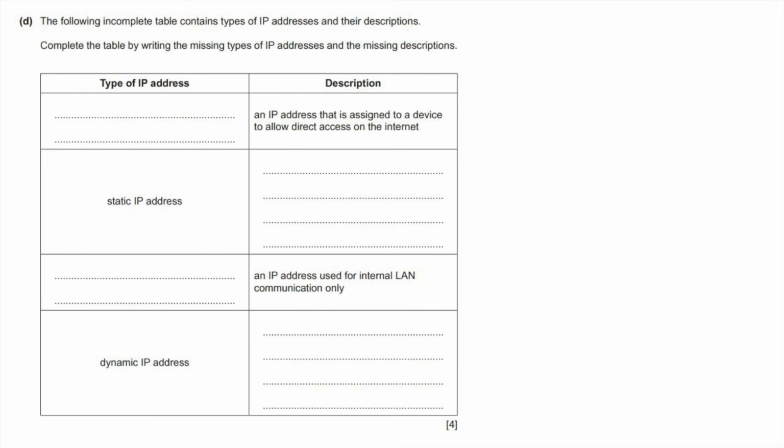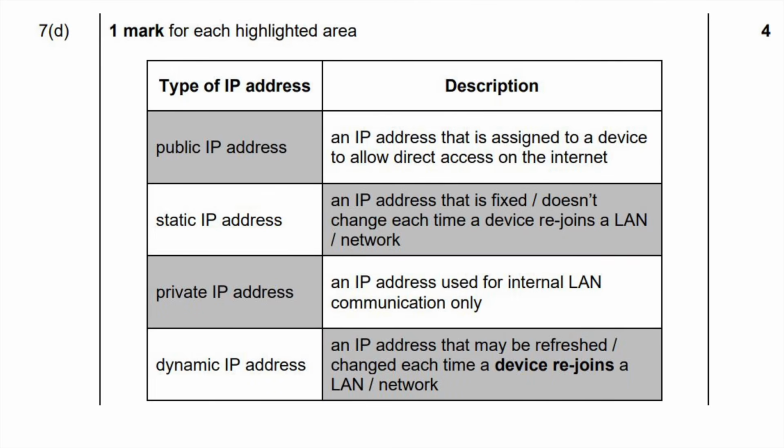So now we've got an A-level question here. The following table contains types of IP addresses and their descriptions. Complete the table by writing the missing types of IP addresses and the missing descriptions. And this is basically a rehash of what we just said. One thing to keep in mind, static IP addresses don't change each time a device joins a local area network.